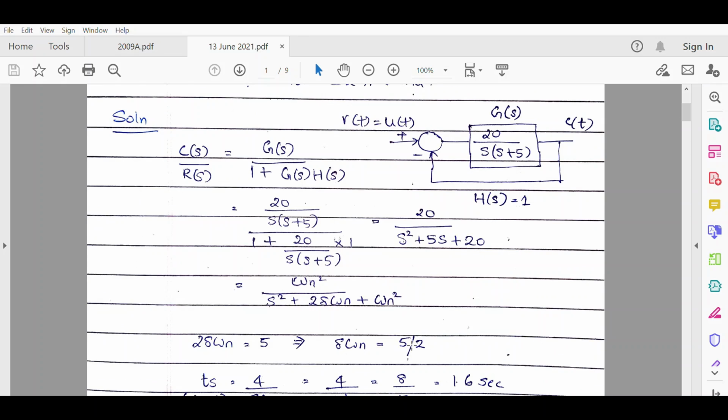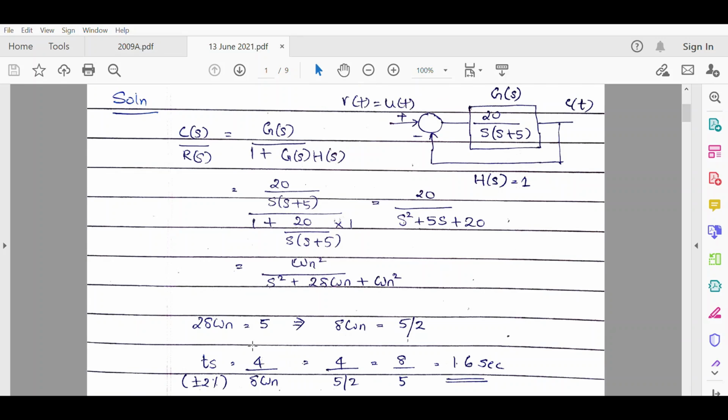Now if we compare this transfer function with the standard form, we can make out that 2 delta omega n is equal to 5. Comparing the coefficient of s in the denominator, we get 2 delta omega n as 5, and from that delta omega n is 5 divided by 2.